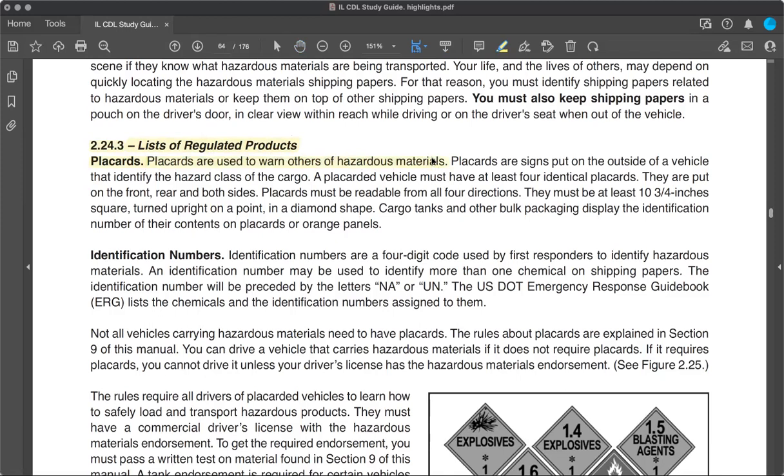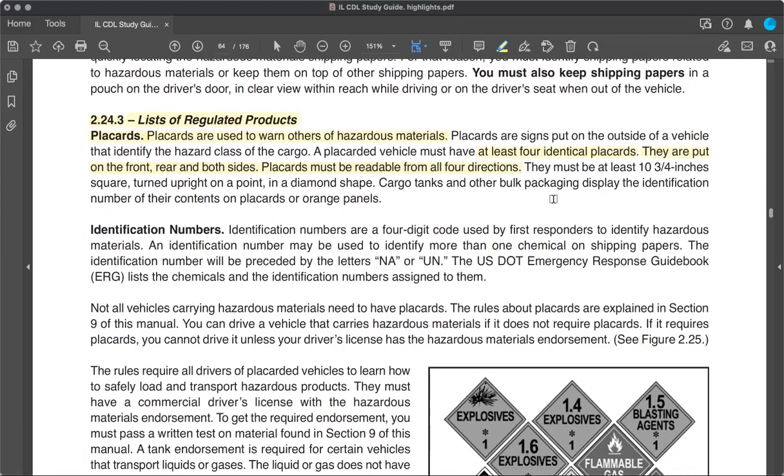They're signs put on the outside of a vehicle that identify the hazard class and cargo. A placarded vehicle must have at least 4 identical placards. You should put them on the front, rear, and on both sides, so they are readable from all 4 directions.